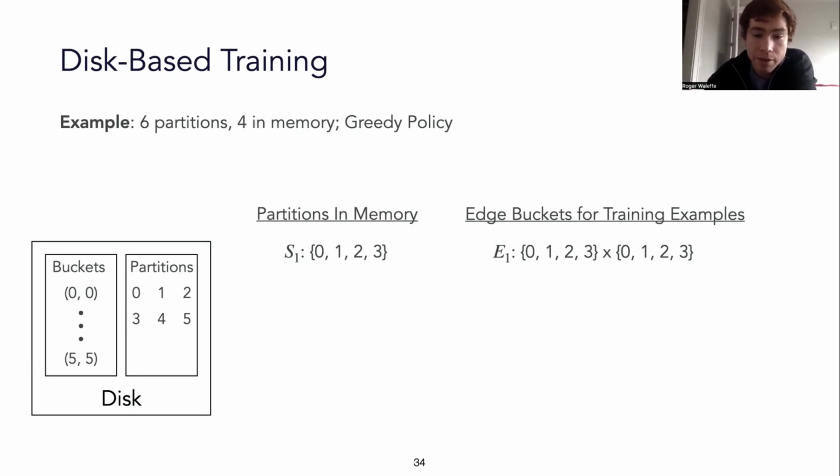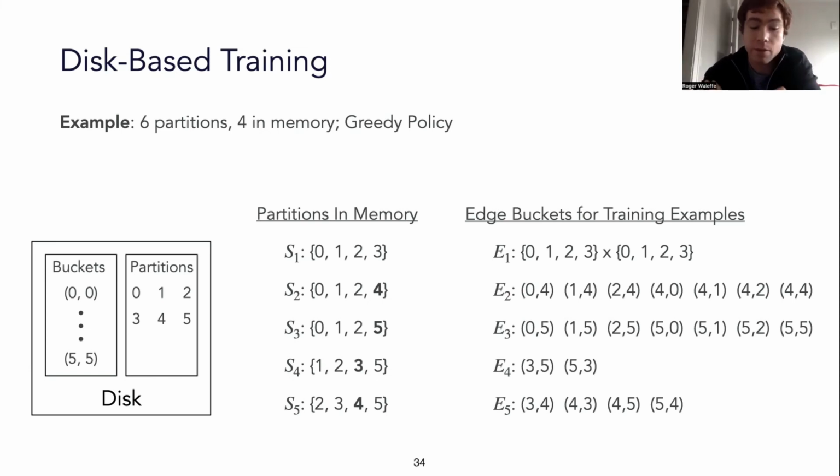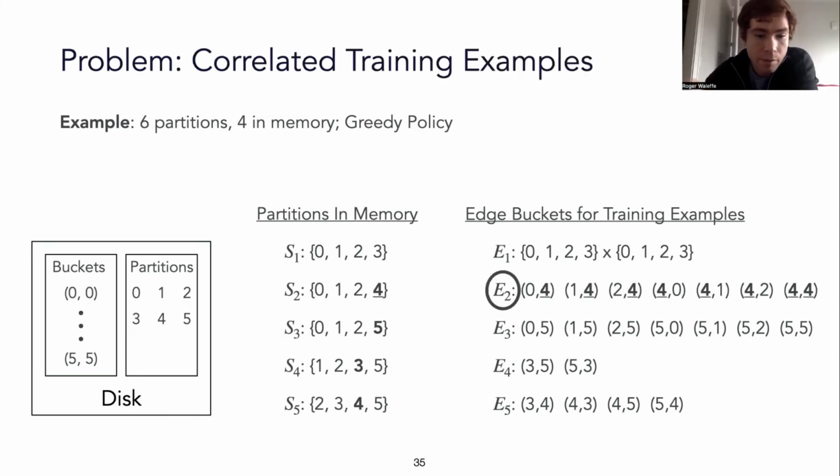And we can repeat this process by swapping one partition at a time and greedily training on all new edges until we have generated mini batches for training using all the graph edges stored on disk. But now we can see that the problem with this setup is that successive mini batches can have highly correlated training examples.